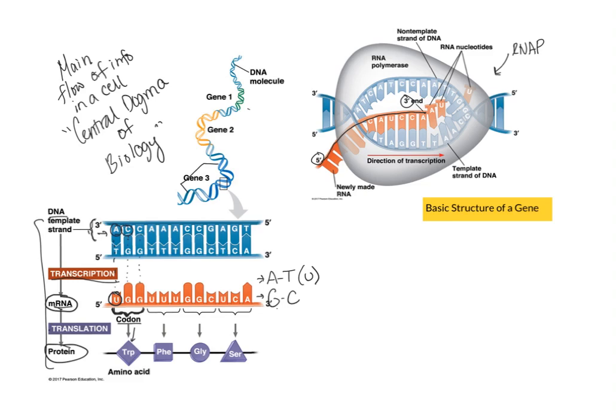And so we have to know a little bit about the anatomy or the structure of a gene, this section of DNA. What are some of the components that make it up? So if we were to take, for example, gene 1, and we were to zoom in, we can identify a couple of components of this section of DNA, and these components are shared by every gene. I'm going to walk through those components here.